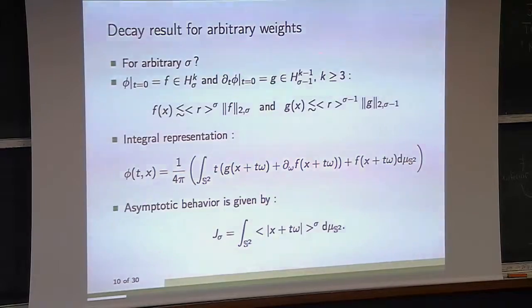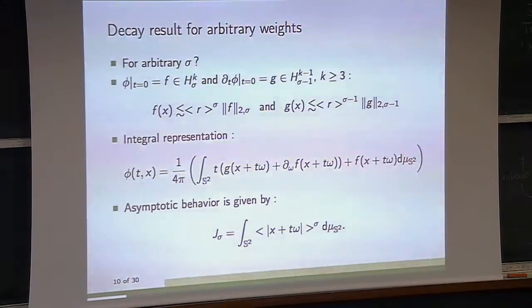I know that if I'm taking enough regularity, so 3 derivatives, which is a lot, I have these two inequalities at the level of the initial data. I have an integral representation. I'm plugging this inequality into the integral representation for the solution of the wave equation. And I'm ending up with this kind of, let's call it a kernel, this kind of integral here, which I have to compute, something stupid.